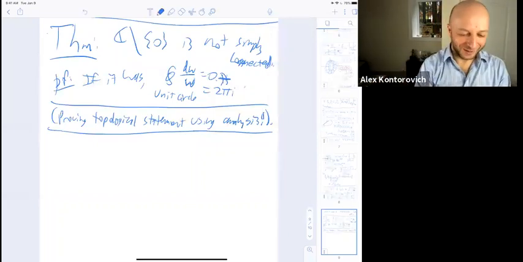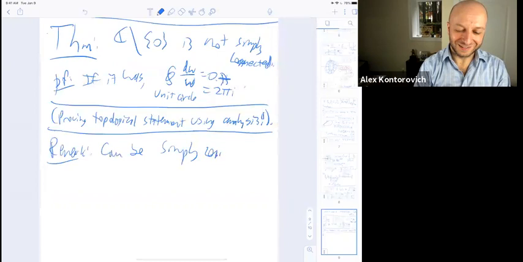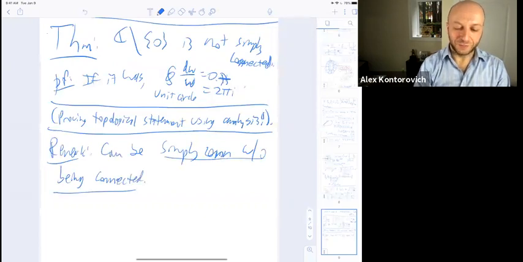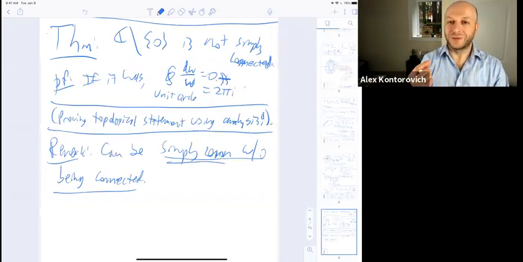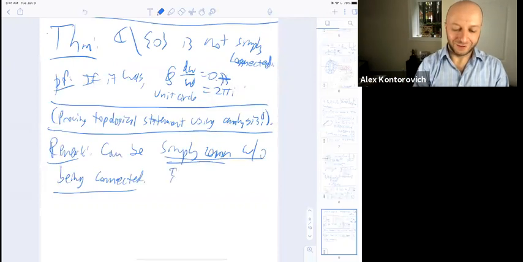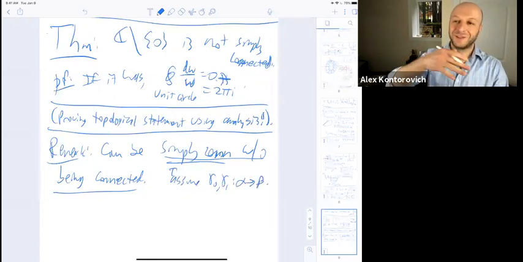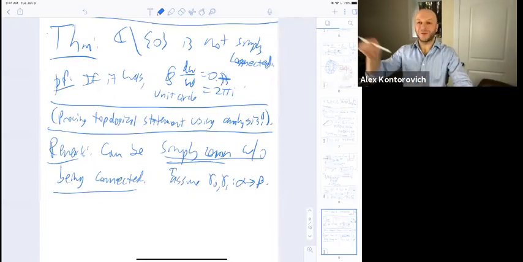Okay. So, remark: a set can be simply connected without being connected. So simply connected, when you want to check if two curves are homotopic, you assume that they have the same endpoints. Here you assume gamma 0 and gamma 1 are a path from alpha to beta.